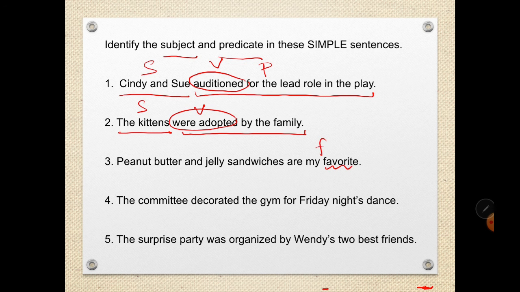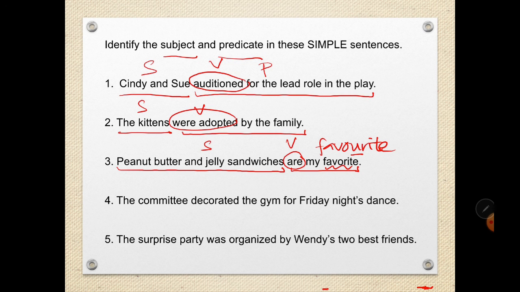It should be favorite with a U. So the third one is peanut butter and jelly sandwiches are my favorite. Peanut butter and jelly sandwiches, that's the subject. Are my favorite is the predicate, and the verb to be, are, is the verb.